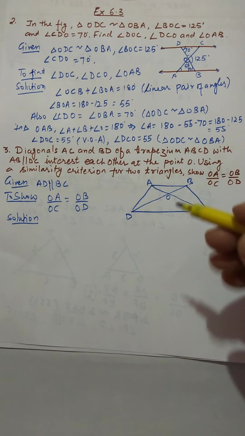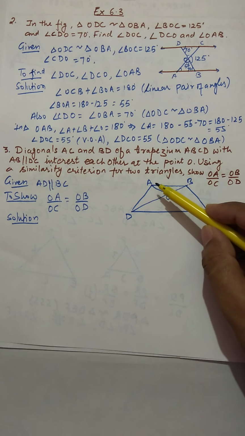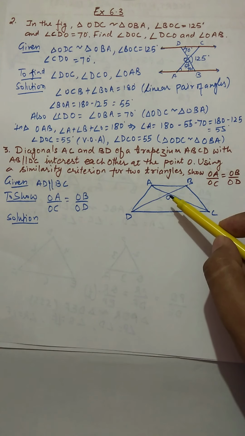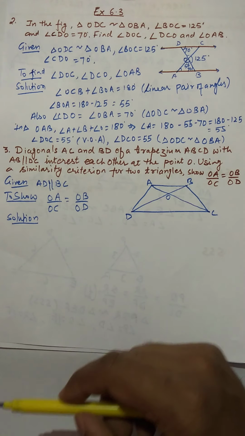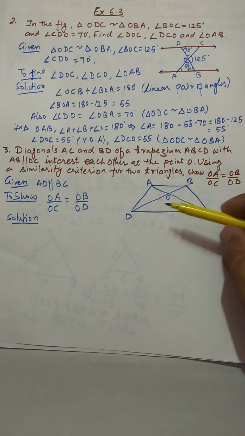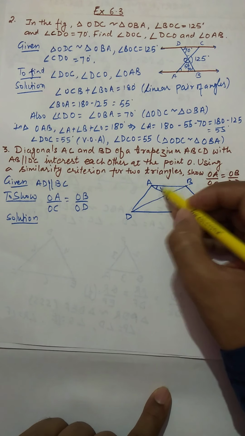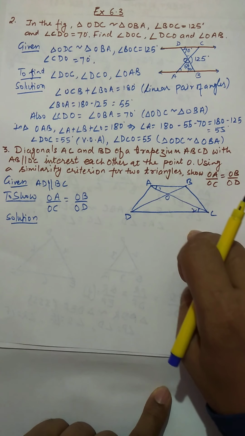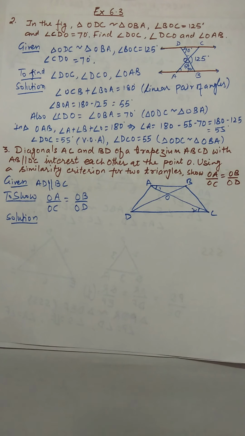Now I'll explain to you how you'll go about it. So you choose these two triangles, AOB and COD. If you choose these, then you have to show these two triangles are similar. Now how can you show it? If I mark this as angle 1, this angle 1 will be equal to angle 2, and you know that these two lines are parallel, so angle 1 equals angle 2, and these are alternate angles.